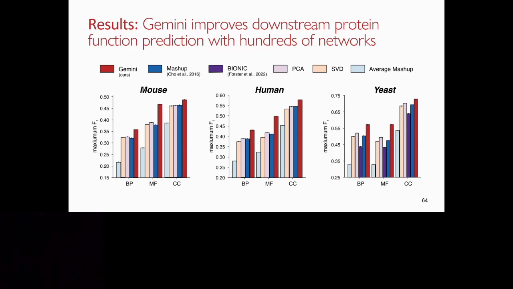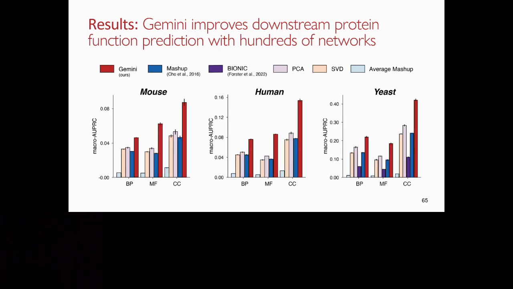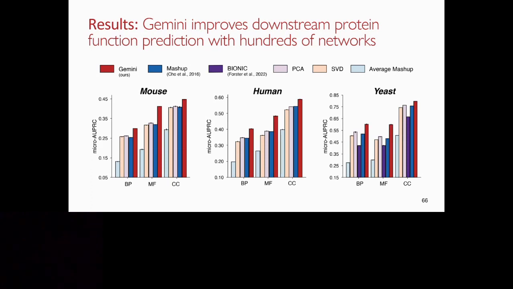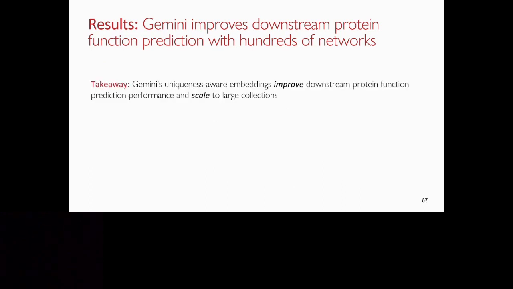We also see the same behavior if we look at the macro AUPRC of that predictor, so balancing all of the classes equally, as well as the micro AUPRC, where we balance all of the genes equally. And so our takeaway from this experiment was that the uniqueness-aware embeddings are improving this downstream protein function predictor's performance, and they're able to scale to these really large collections like BioGRID.